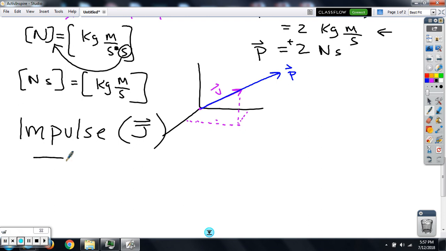And so impulse is just the change in momentum. Now there's an interesting relationship here, though, that we'll get into a lot more detail later on.